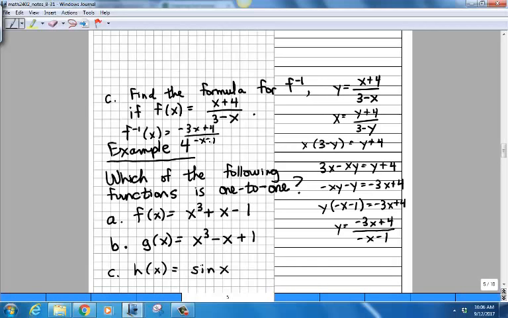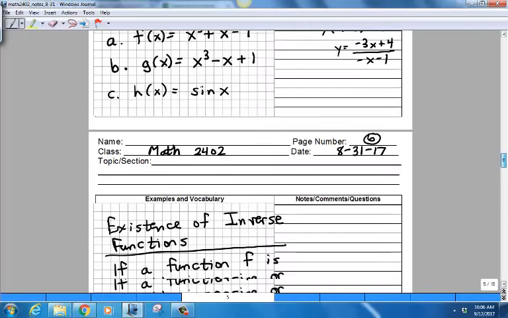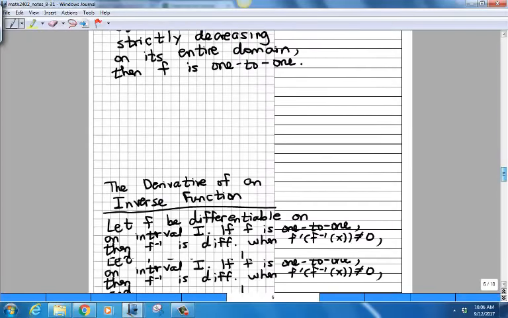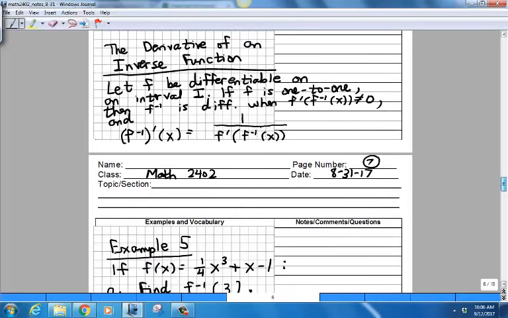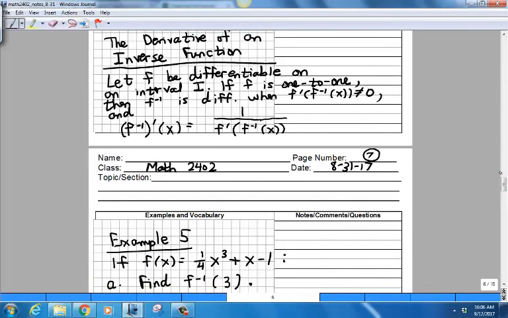All right, now finally at the end here, we've got just enough time. Let me show you a little bit of calculus, okay? All this has just been algebra, so we haven't done any calculus, but there is a relationship between the derivative of a function and its inverse function. And so here is the relationship. You have to read this off in words a little bit to understand it.